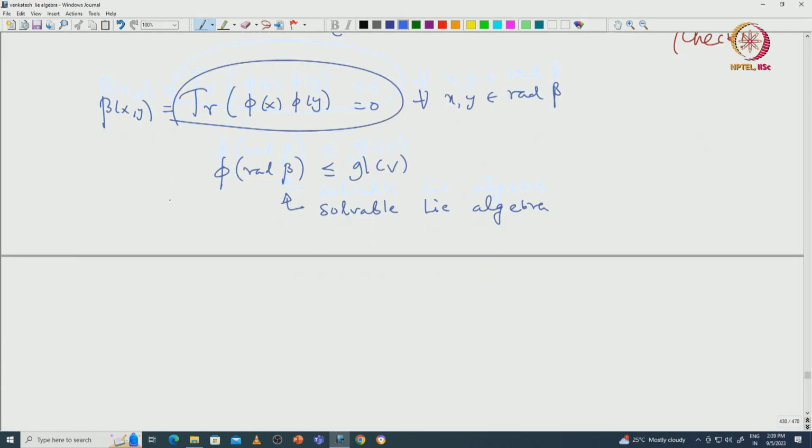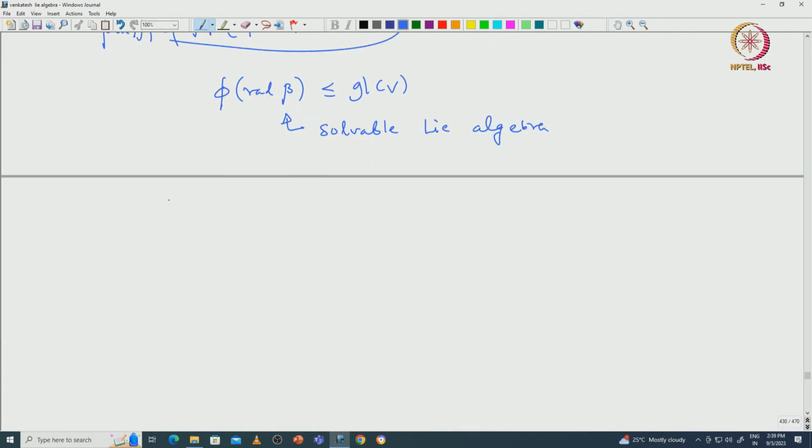Now, the radical of beta is isomorphic to pi of the radical of beta, because pi is injective. That implies the radical of beta is a solvable ideal inside g.